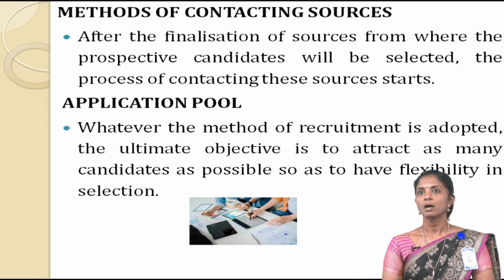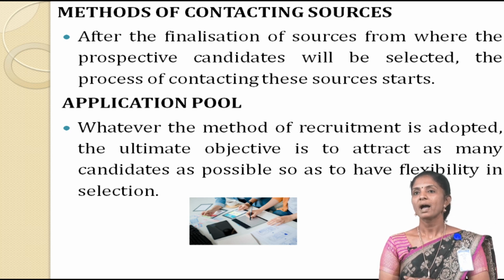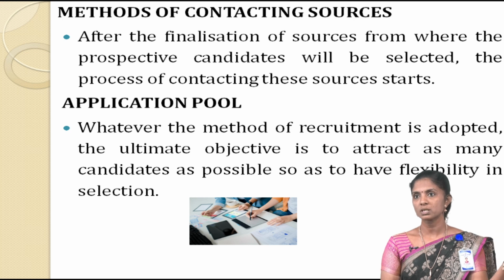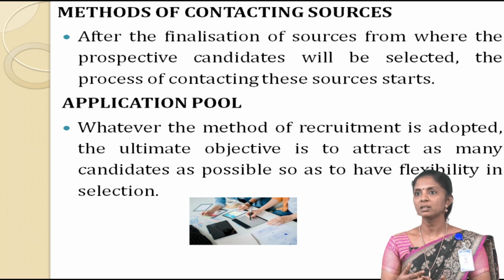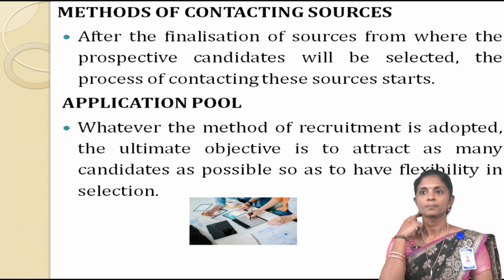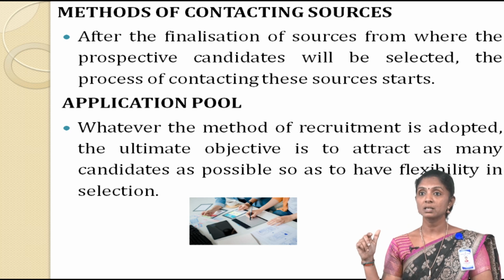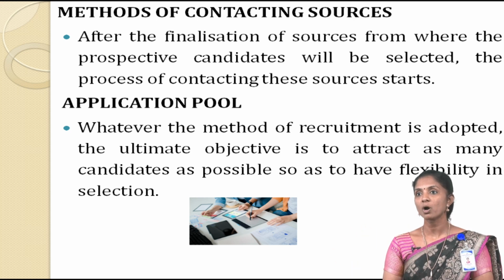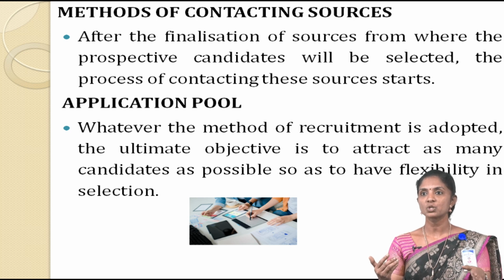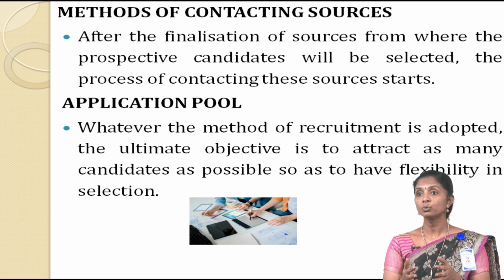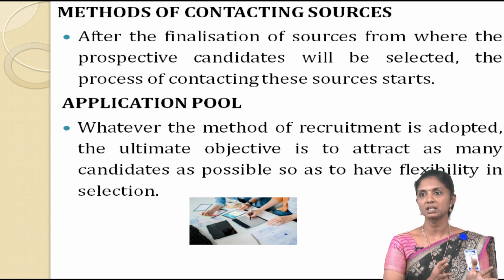Next one, methods of contacting sources. After finalizing the sources from where the prospective candidates will be selected, the process of contacting these sources starts. Recruitment is a two-way street. It involves the recruiter and the recruit. The recruiter has the choice of whom to recruit based on the various information about the candidate.